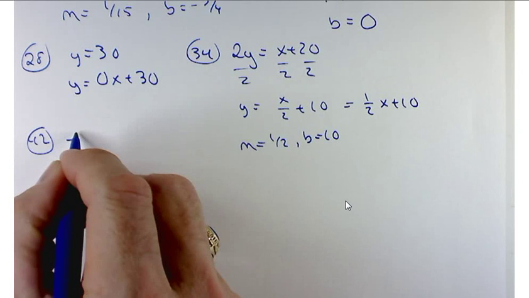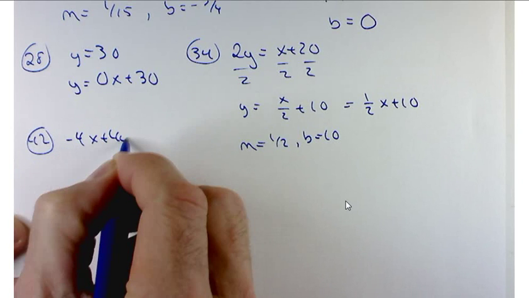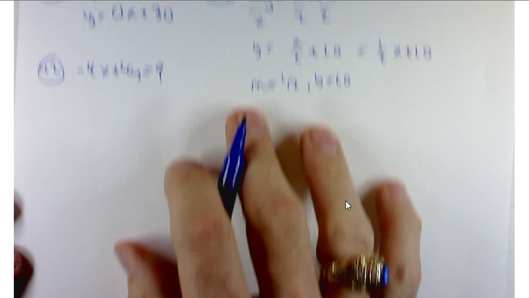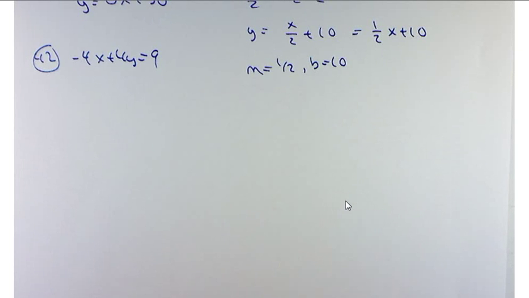Okay. One last one like this, problem number 42. Negative 4x plus 4y equals 9. Probably a couple things we're going to need to do to get y by itself. You can't start out and look at this and say, okay, the slope is negative 4 and the y-intercept is 9. That's not even close. So tell me, what should I do first in order to put this in slope-intercept form?